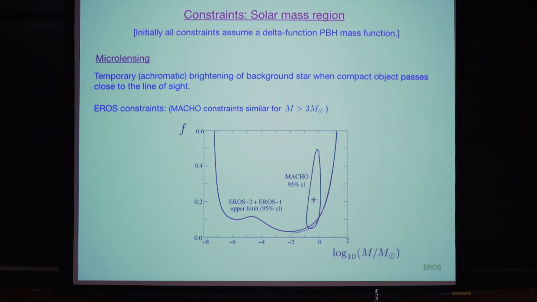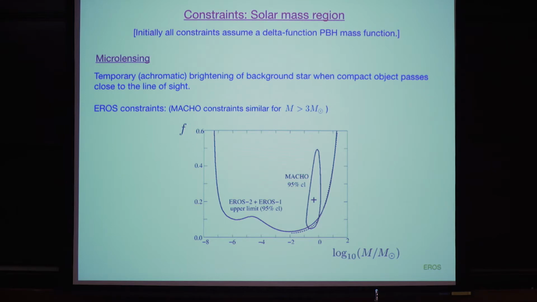Microlensing is a form of gravitational lensing where the separation of the images is of order microarcseconds, hence the name. And what that means is the images aren't resolvable. Microlensing typically happens when a compact object passes along a line of sight between us and a background object.